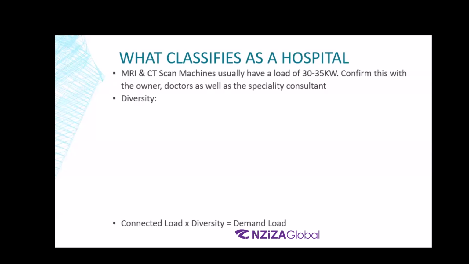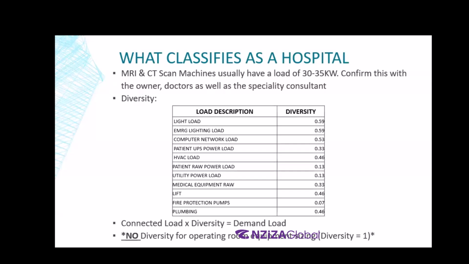One thing to note, I'll show you the diversity factors. Over here, we have the diversity factor of different types of equipment. If it is a lighting load, say you have 100 watt as your designed connected load, if you take each and every luminaire, check their wattages, and it adds up to 100 watt, then 100 into 0.59, which is 59, is the demand load that you can consider.